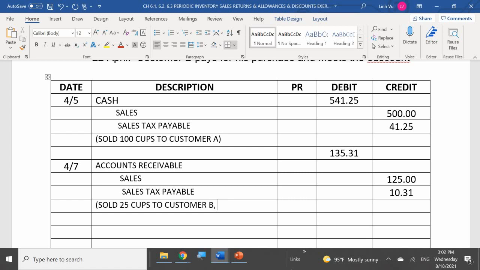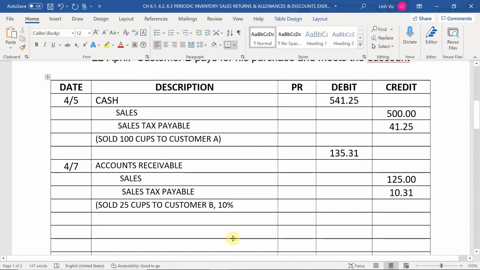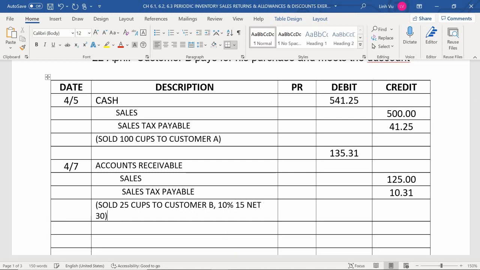And we know that's going to be on account because we gave him terms, which is 10% if he pays within 15 days. If not, the whole thing is due in 30 days. Okay.